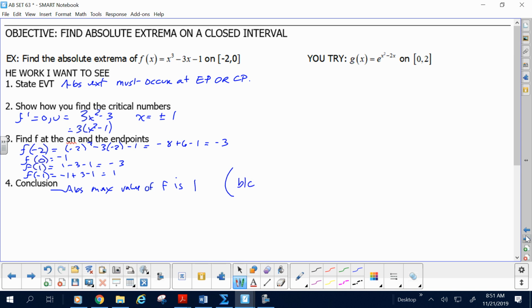The justification, if you were to say that, is because 1 is greater than the other candidates, because it's the greatest. You could say that in symbols. Sometimes you will see that in words. Some textbooks will say, because 1 is the greatest of the candidates, and they will say it just like that.